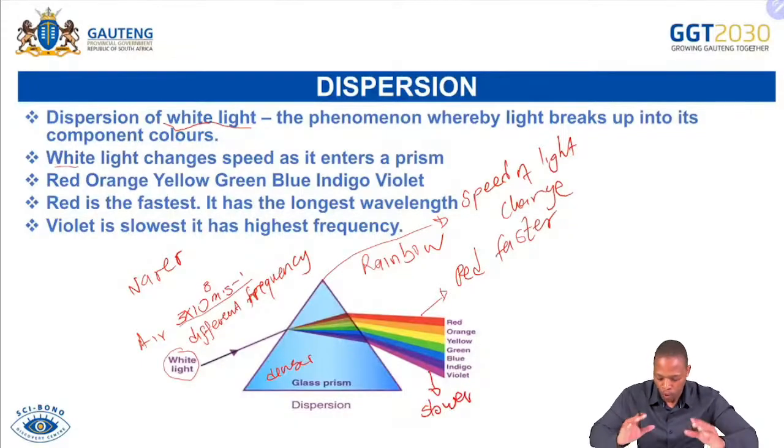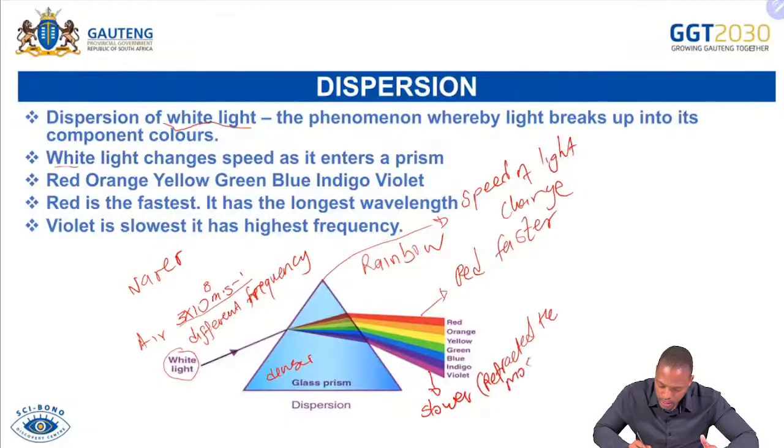Okay? So, because of the frequency, the speed is going to change such that red is going to be extremely fast, faster than the other colors, such as violet, okay? So this is going to cause violet to be refracted the most.